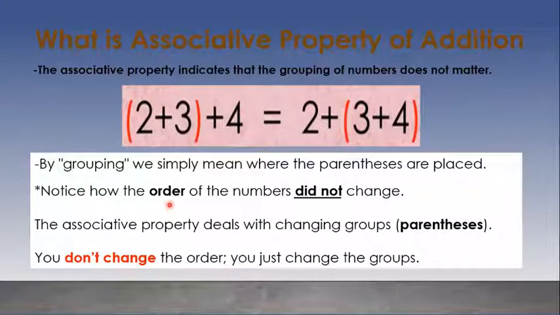Notice how the order of the numbers did not change. 2, 3, 4, and over here we also have 2, 3, 4. The associative property deals with changing groups, and we indicate those groups by using parentheses. You don't change the order, you just change the groups.